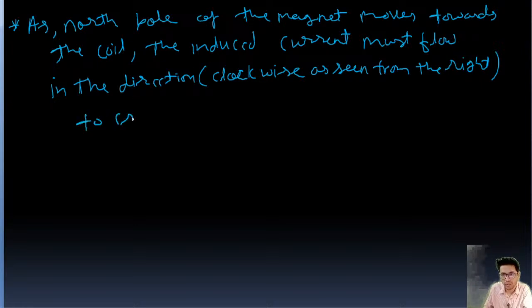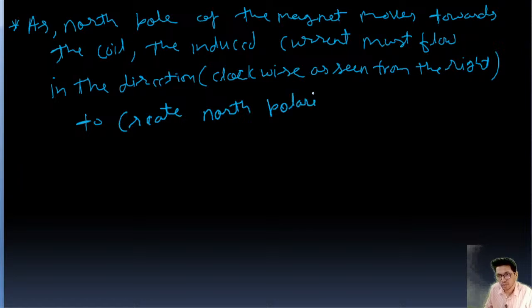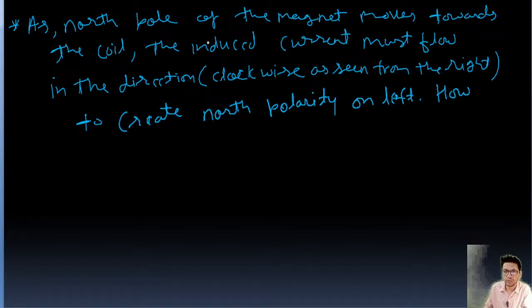So the direction must be clockwise from the right, so as to create the north polarity on the left, because the north pole is approaching the loop.